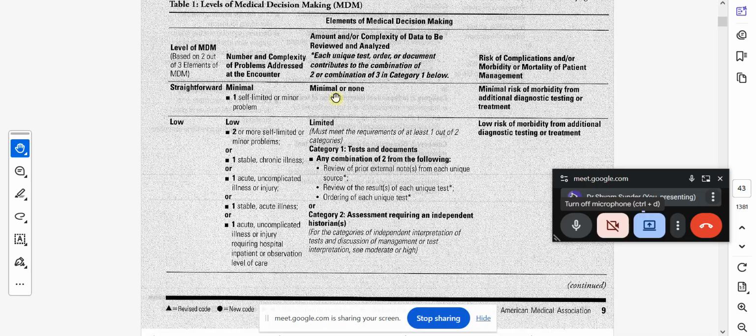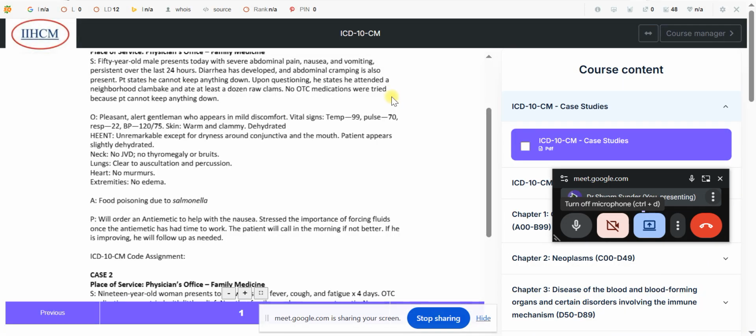Data is none in this case, isn't it? Coming to the risk. You have to look at three things: risk due to tests, risk due to procedures, and risk due to medication.